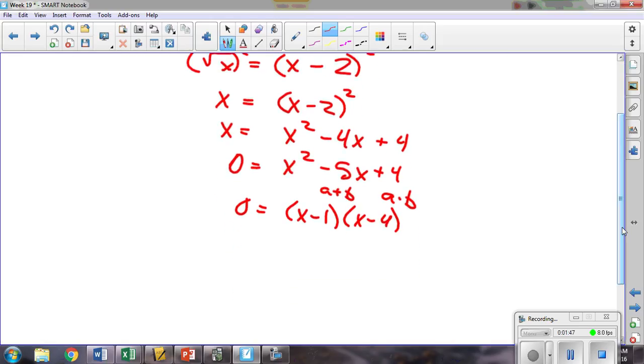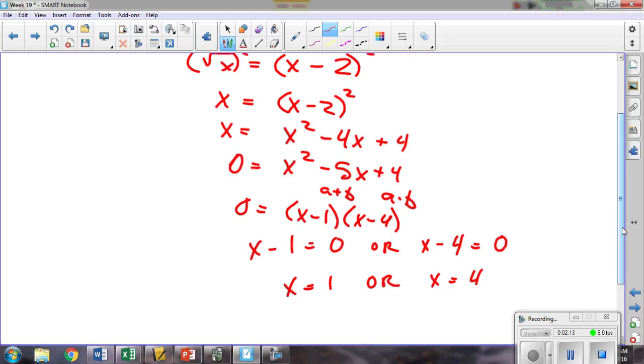Applying the zero product rule, we get x minus 1 equals 0, or x minus 4 equals 0, which gives us the solutions x is equal to 1 or x is equal to 4. That was our technique from yesterday, and you'll know I rushed through it fairly quickly.